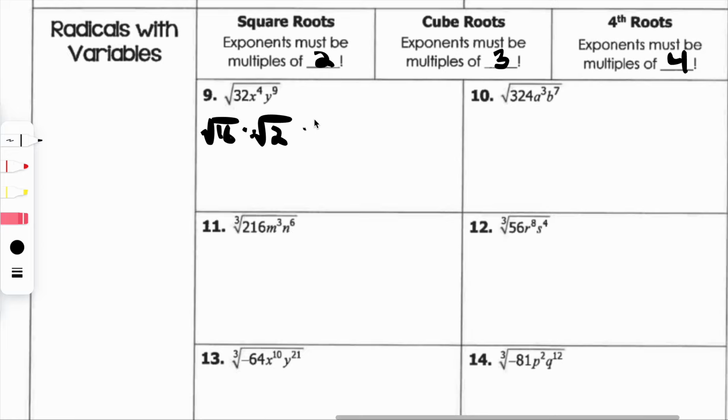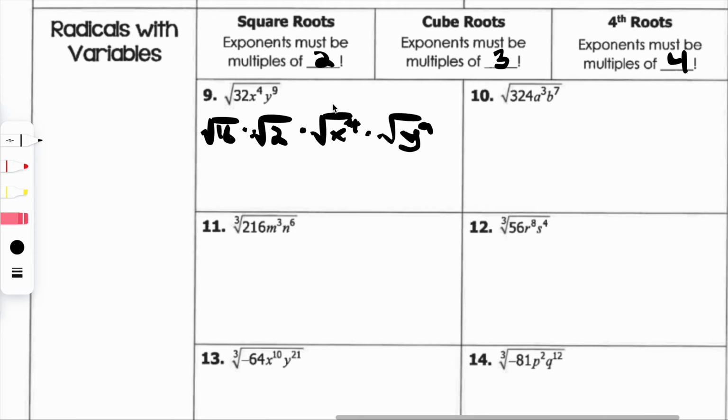Okay? Now, I'm going to separate this. I'm going to say times root x to the 4th. And then I'm going to say times root y to the 9th.